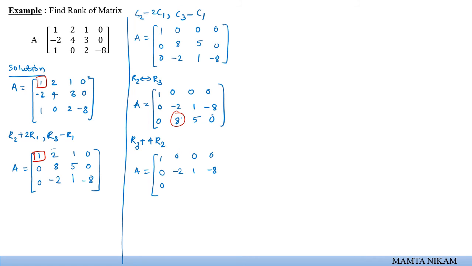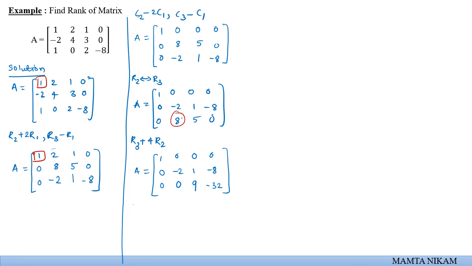Now the third row: 0, 8 minus 8 is 0, 5 plus 4 is 9, 0 minus 8 into 4 is going to be minus 32. Okay, now next, what do we want? We want column transformations. If you observe the second column and third column, here we have 1 and here it is minus 2. Better we will interchange C2 and C3 and then perform the column transformation.